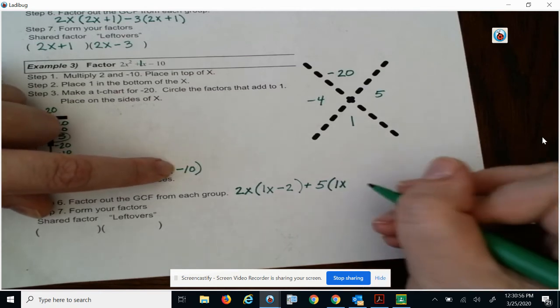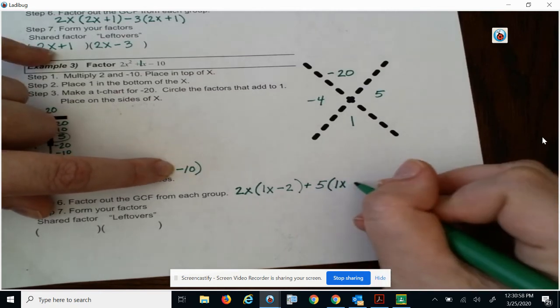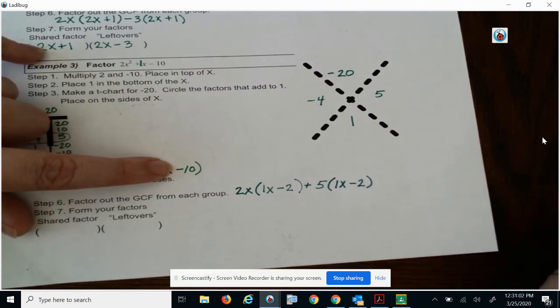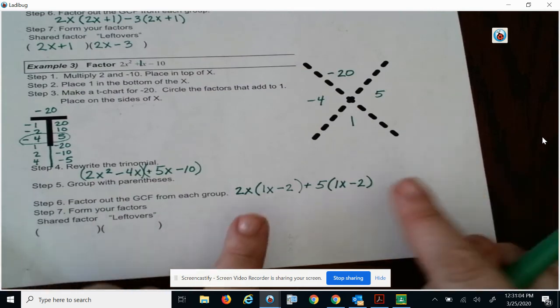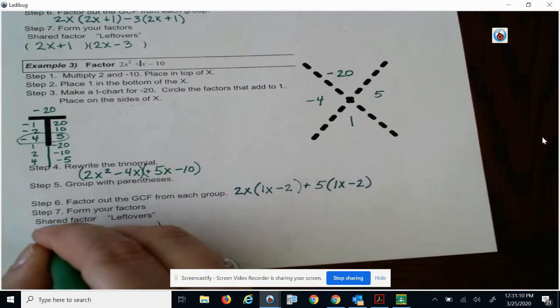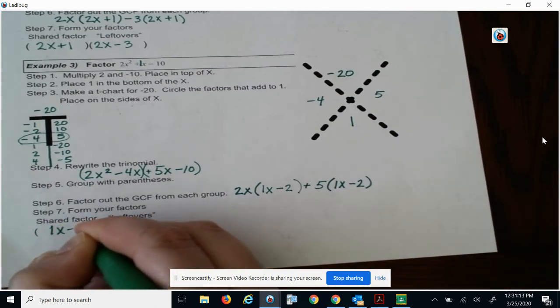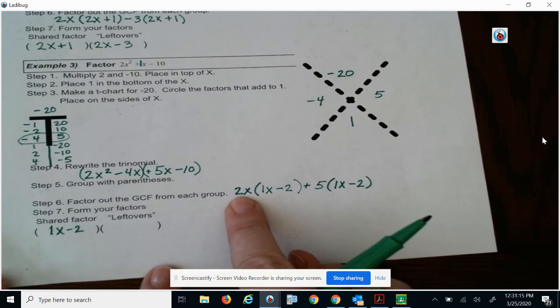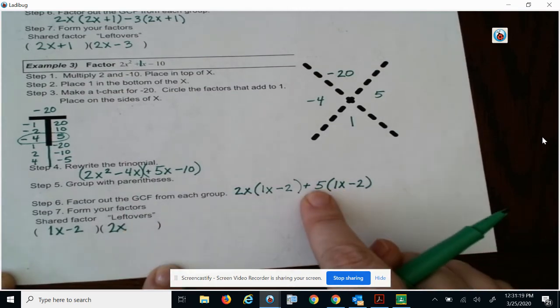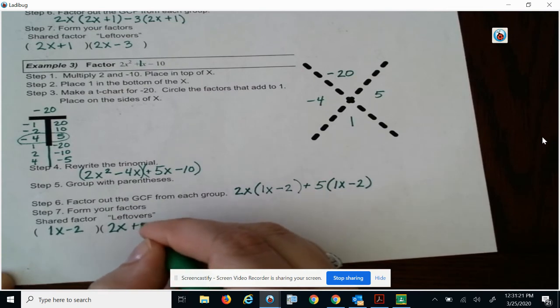And then -10 divided by 5 is -2. Right, and then check, are the parentheses the same? Yes, so we can continue our factoring. That's our first factor. And then our leftovers, we have the GCF, so 2x and then plus 5.